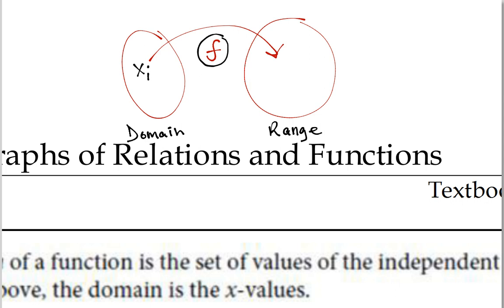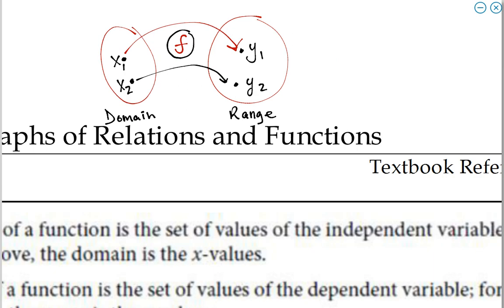You take an x1 and it ends up becoming a y1. And you could do this with an x2 and it would become some y2. And the formula for this, of course, would be y equals f of x. Remember, x is the input and y is the output.